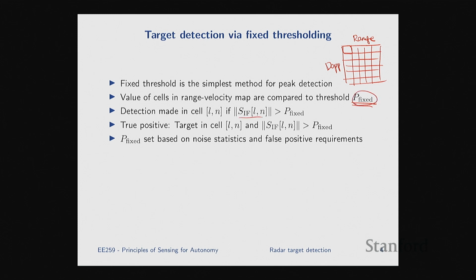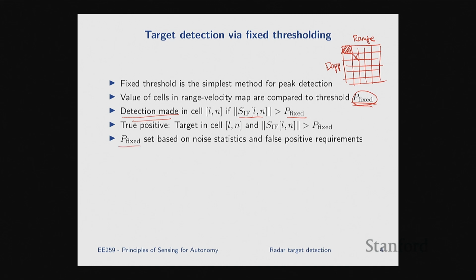If that value is bigger than P fixed, you declare a detection. You say target in that cell. If it's below the threshold, you say nothing here, that's just noise. You do that for the full range Doppler map, and that's how you do your detections.